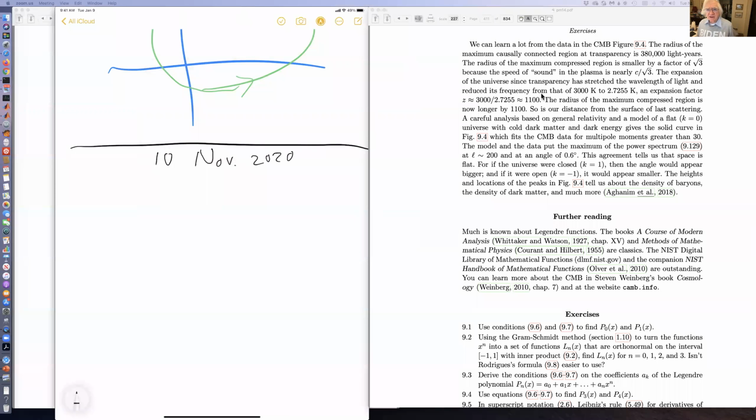How the hell do I restart screen sharing? I don't see the bar anywhere. Oh, here we go, share screen. Yeah, sorry, I clicked on the wrong thing. All right, so presumably you can see the screen now. Hello? Yes, we can. Okay, good.